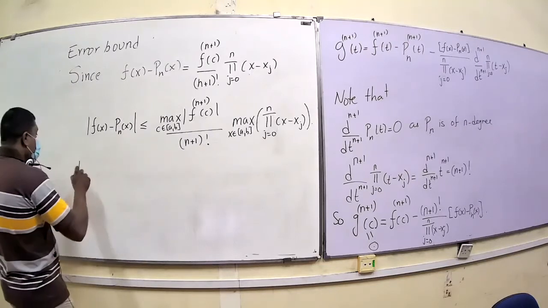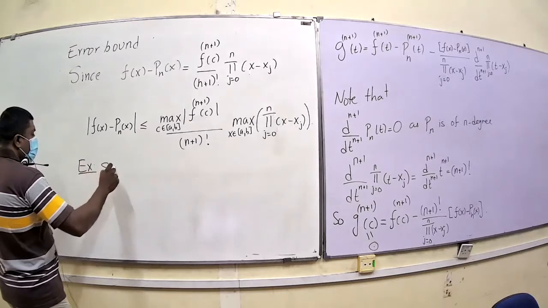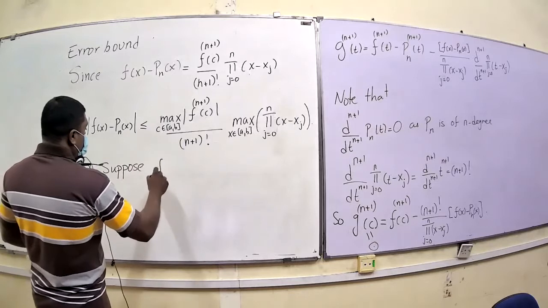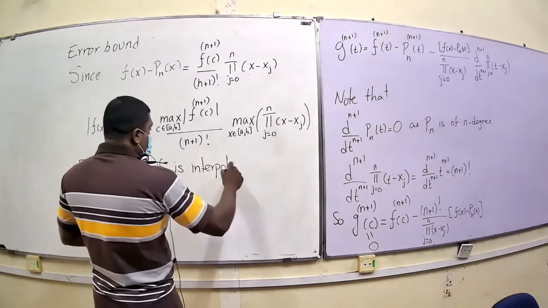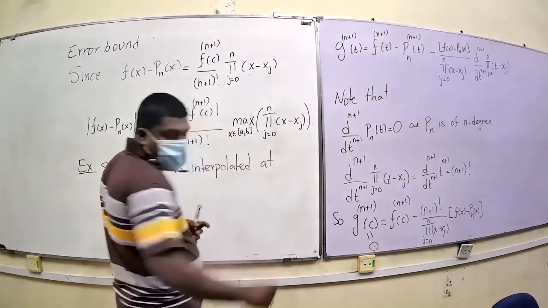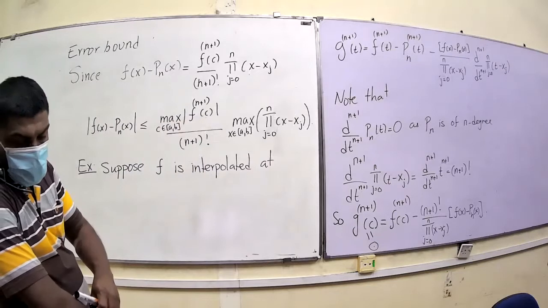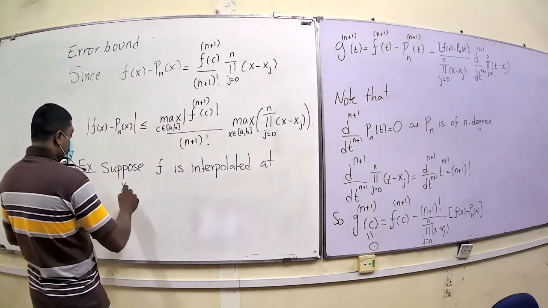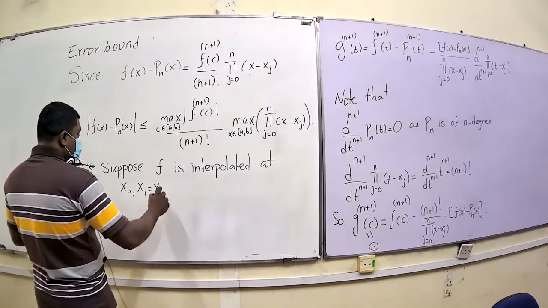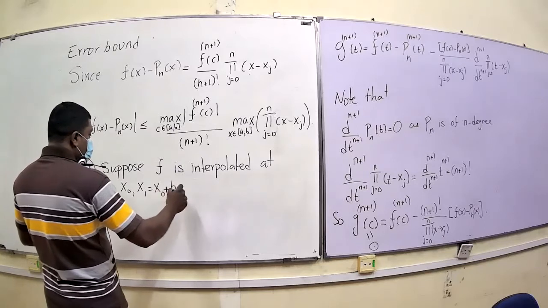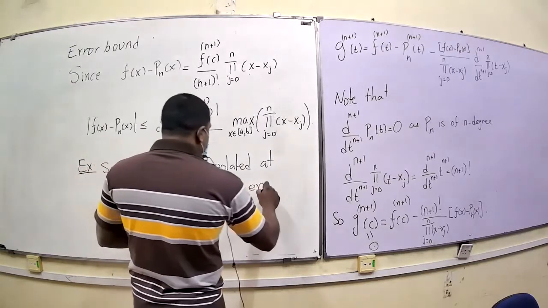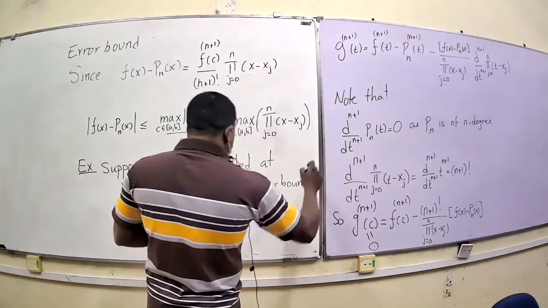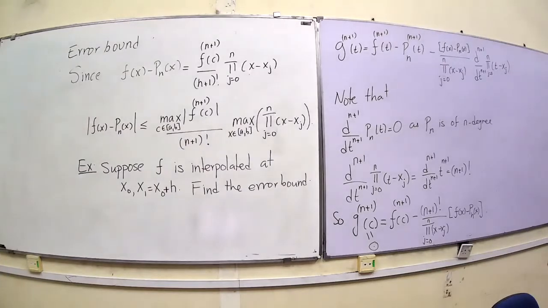So we can see an example. We'll start with a simple example. Suppose f is interpolated at 2 points x0 and x1.